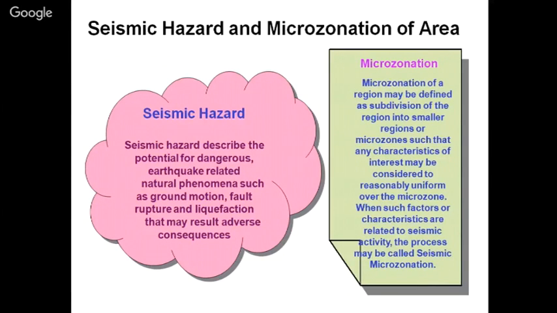This is seismic hazard and microzonation of an area, which I am just going to give you a brief about, because it is a more specific field of earthquake research. We put sensors locally.